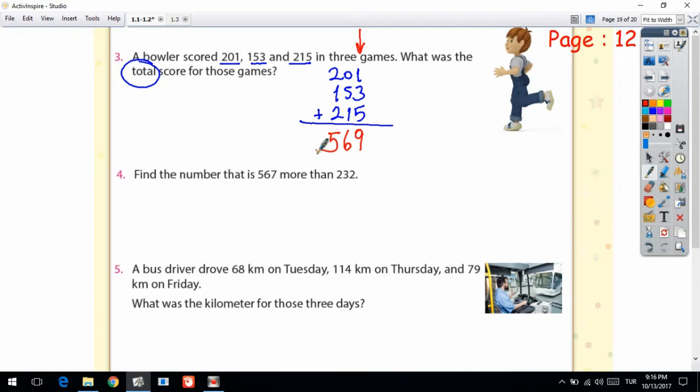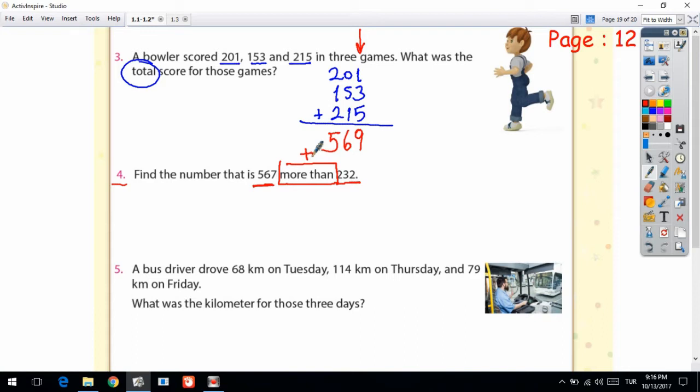Okay, let's continue. Question 4. Find the number that is 567 more than 232. If you forgot it, please check my channel to learn more about addition. "More than" shows you addition. What should I do?